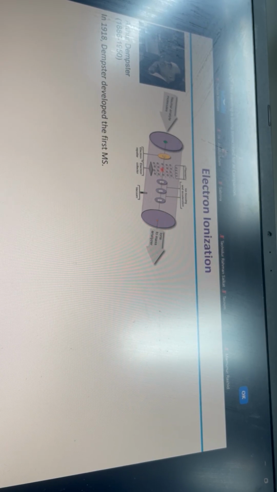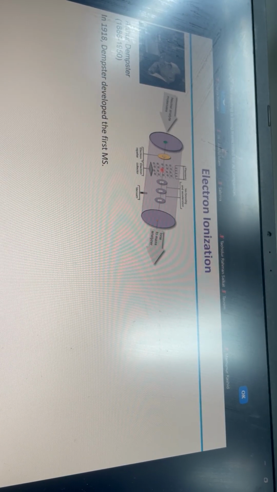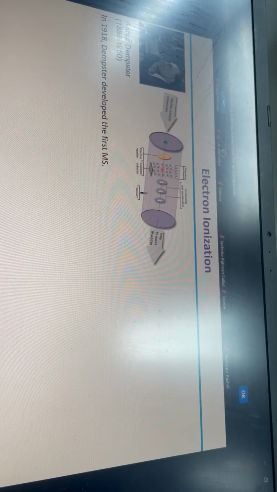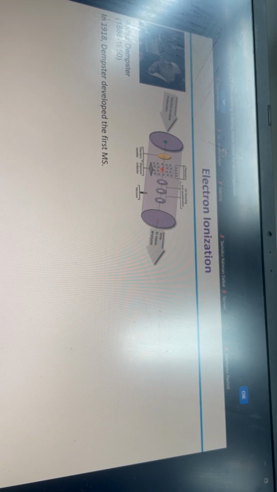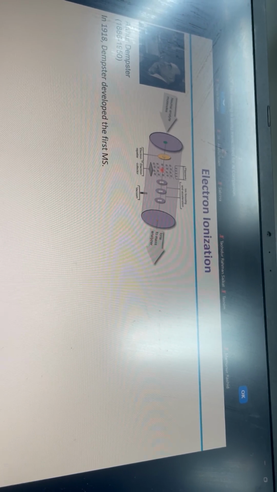So his sample would be interacting with the beam of electrons, and the electrons inside the sample will also be repelling each other, and some of the electrons will be removed from the analyte of the sample, and then it gets ionized.